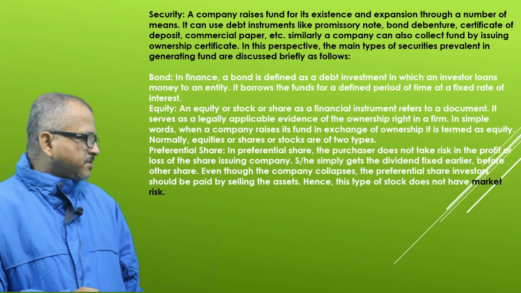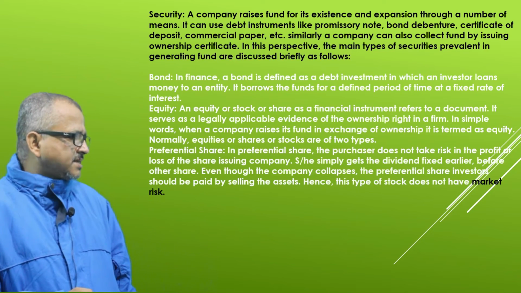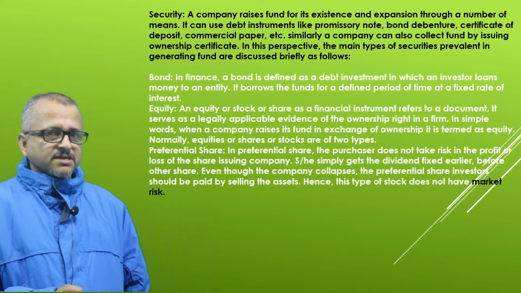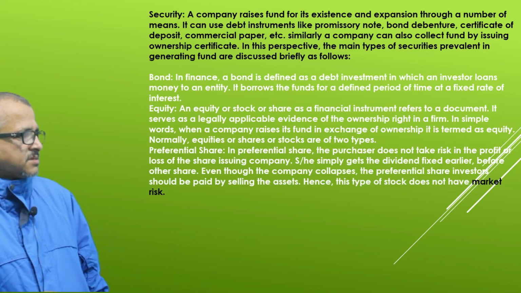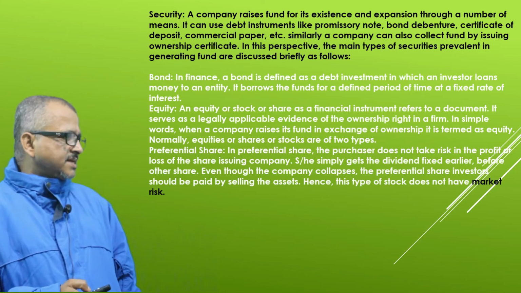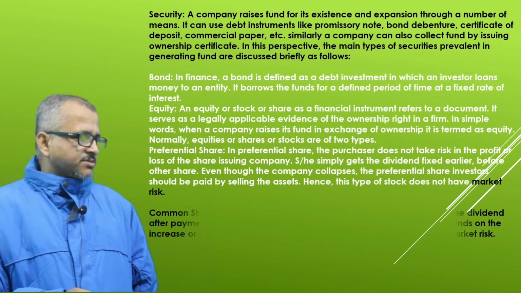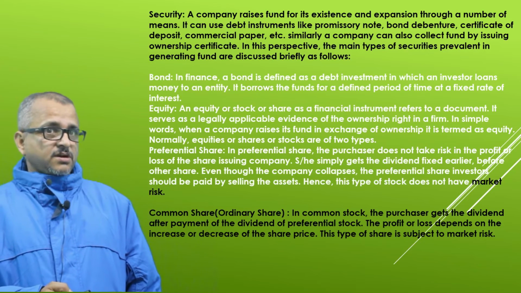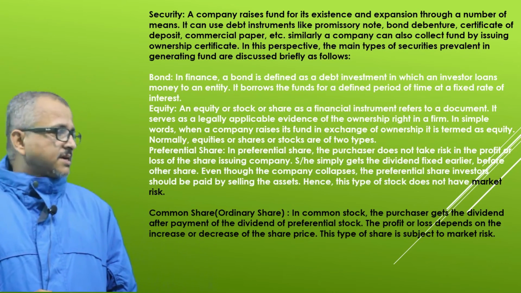So before other shares, even though the company collapsed, the preferential share investor should be paid by selling the assets. यसमा केही मतलब छैन. कम्पनी घाटामा गएर भोलि कम्पनी डुबेछ भने पनि कम्पनीको सम्पत्ति बेचेर यो चाहिँ सेयर होल्डरलाई क्षतिपूर्ति दिनुपर्छ. यहाँ this type of stock does not have a market risk र यसको मार्केट रिस्क हुँदैन. सम्पत्तिमा लगानी गरेको हुन्छ. यो लगानी गरिएको हुँदैन.